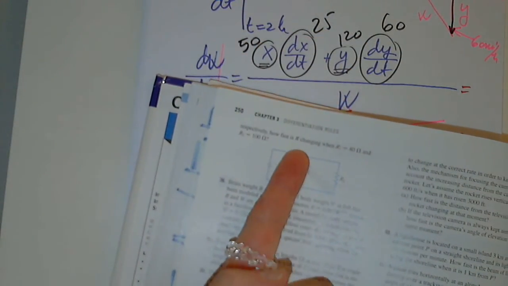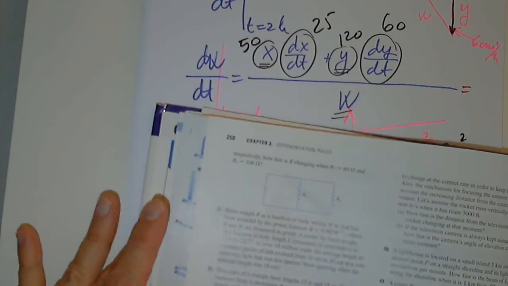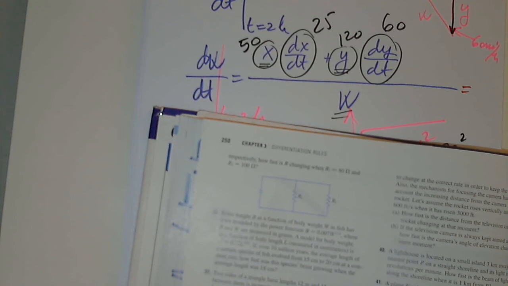This is a nice problem because the equation is given to us. We don't have to struggle through anything. We are given the relationship. If R1 and R2 are increasing at a rate of 0.3 and 0.2 ohms per second, respectively, how fast is R changing when R1 is 80 and R2 is 100?